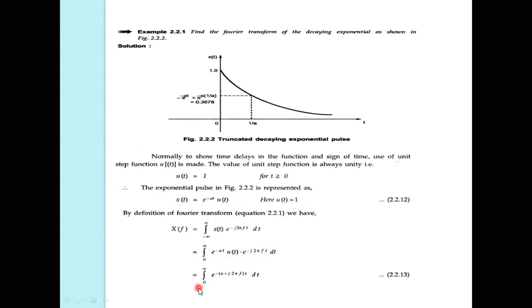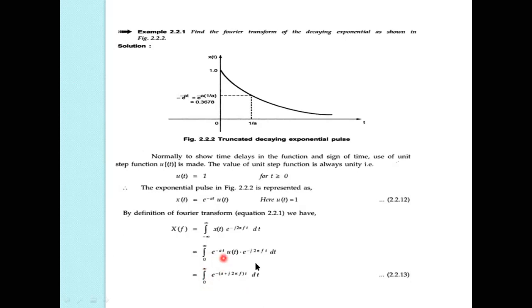Now I change the limits to 0 to infinite, because the step function is valid only for the positive real axis; for the negative real axis, the values are zero. So I change the limits from minus infinite to infinite into 0 to infinite, since mu of t is 1 from 0 to infinite.